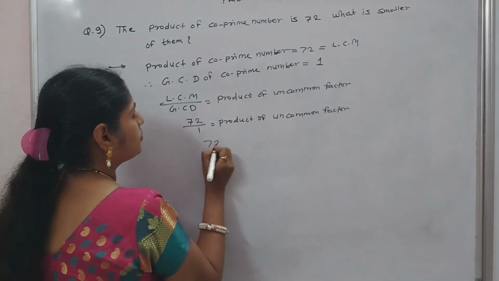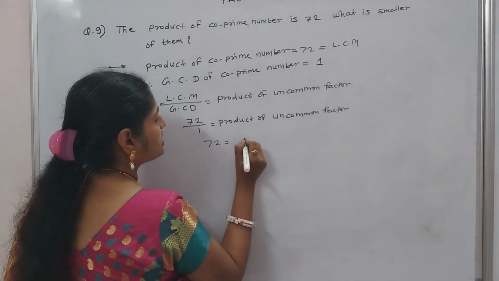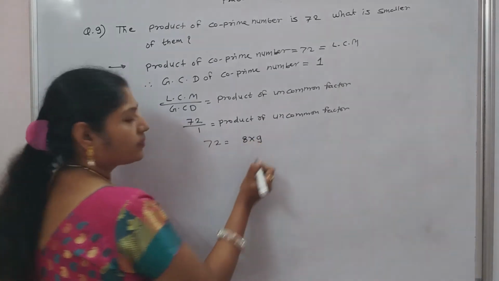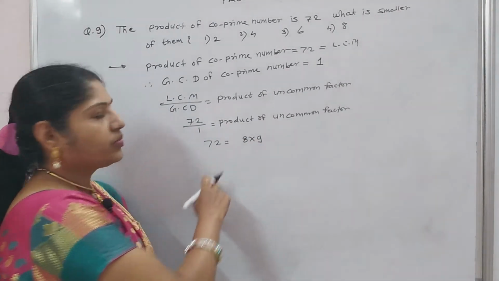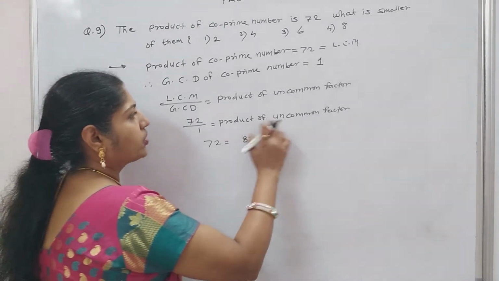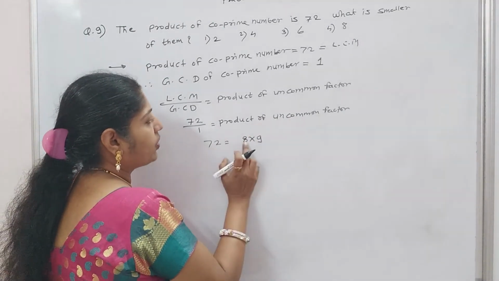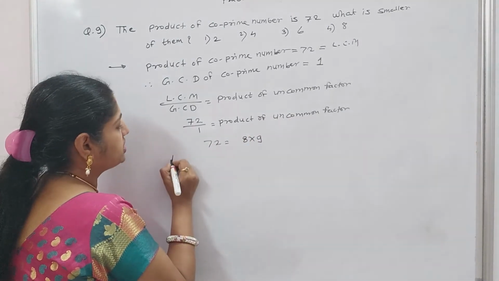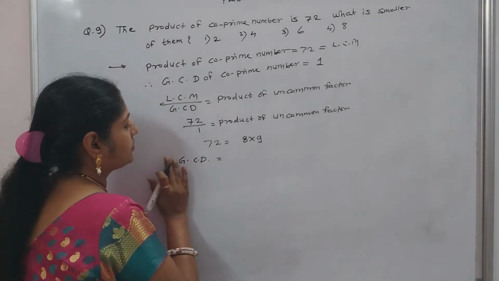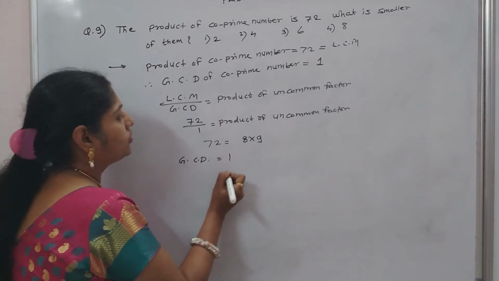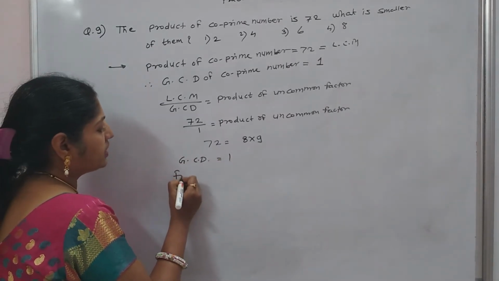Now 72, we write as 8 into 9. Product of uncommon factors, I write the two, 8 and 9. Now GCD equal to 1.